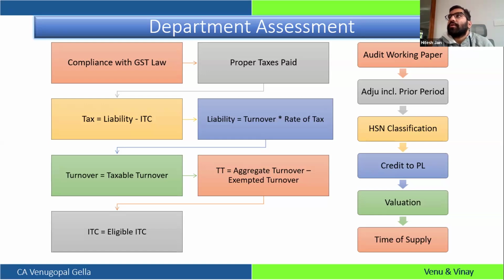The valuation we do to determine the value of supply should be in line with the provisions of section 15 of the CGST Act, and the time of supply. The time of supply also plays an important role, because if we don't follow the time of supply rules, we give ourselves a chance to be penalized with interest and penalty for delayed payment.